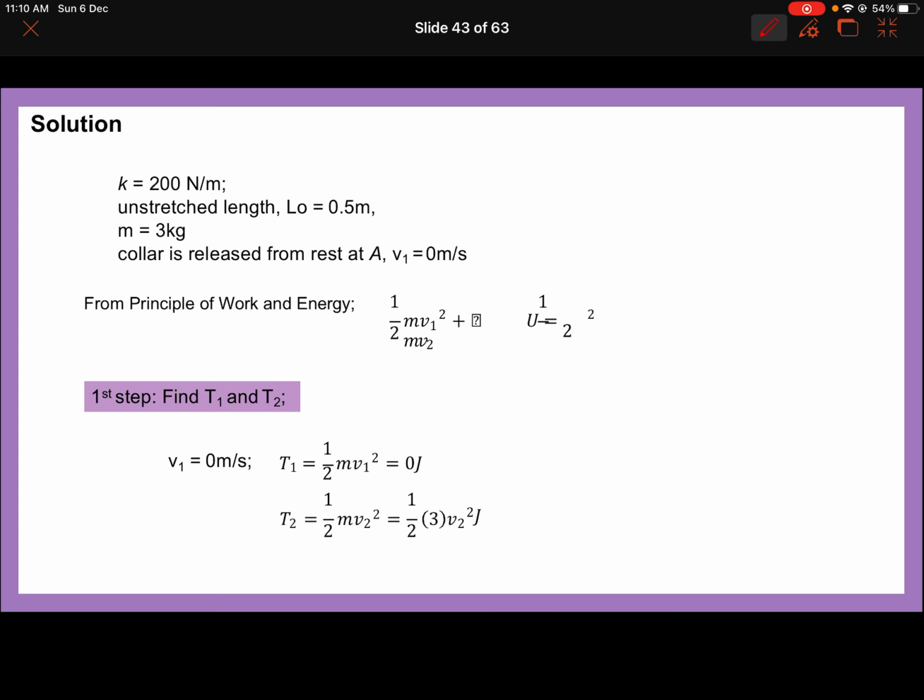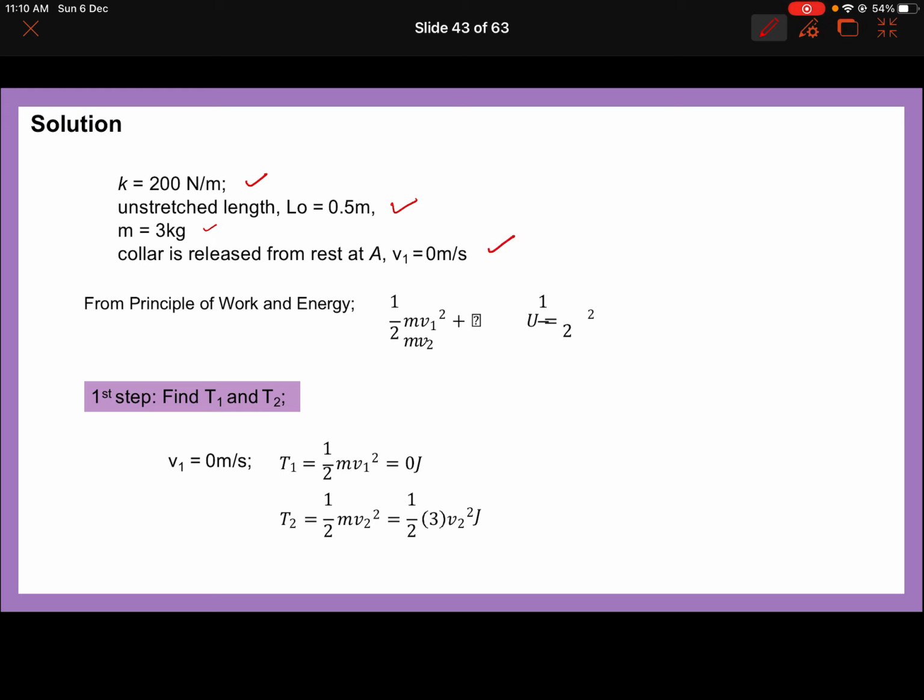For the solution, write down the information from the question. We know that K is equal to 200 Newton per meter, the unstretched length L naught equals 0.5, and m is 3 kg. The collar is released from rest, so V1 is equal to 0.